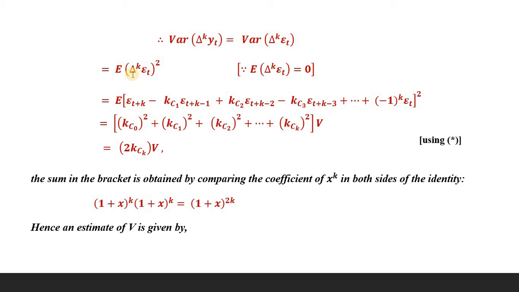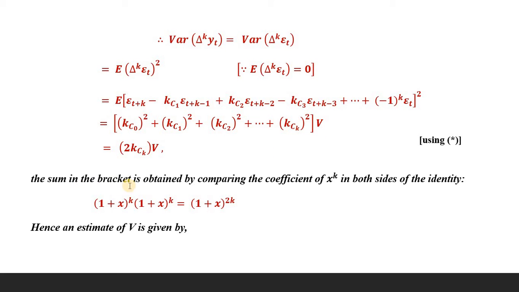Then expanding delta k as E minus 1, we have this expression, and for the constant variance V, after taking expectation, we have kC0 square plus kC1 square plus kC2 square plus ... plus kCk square into V.